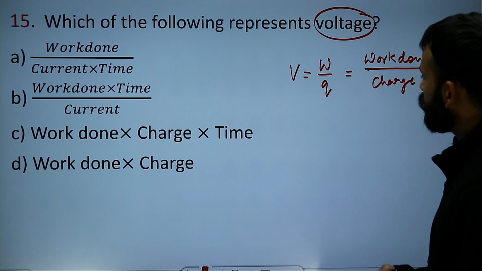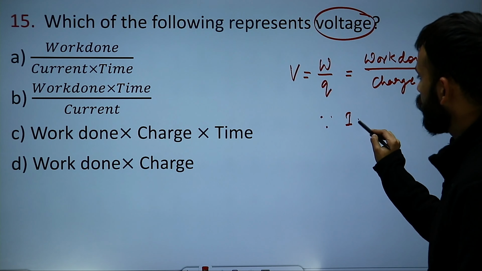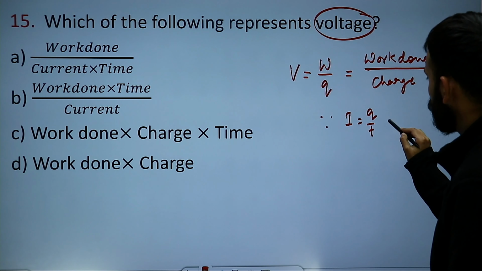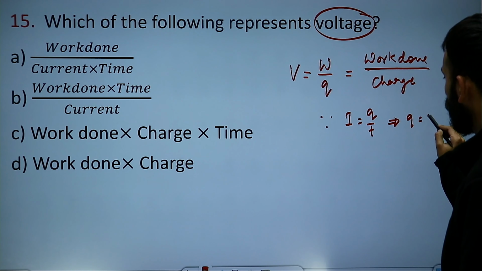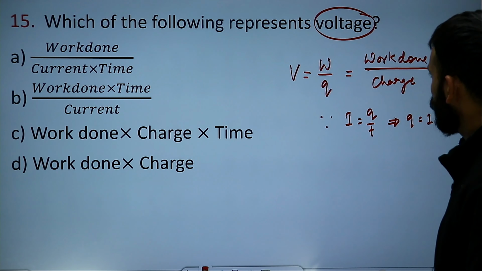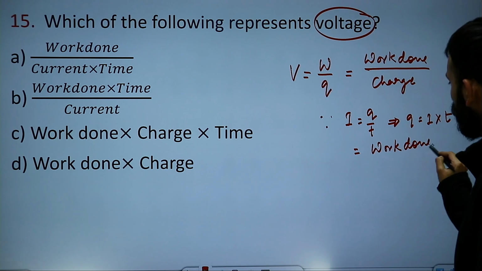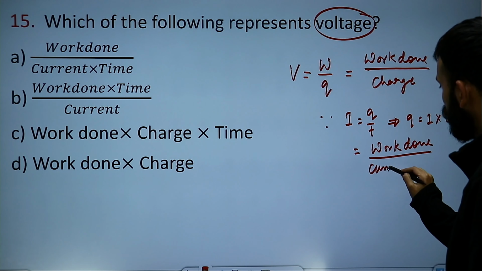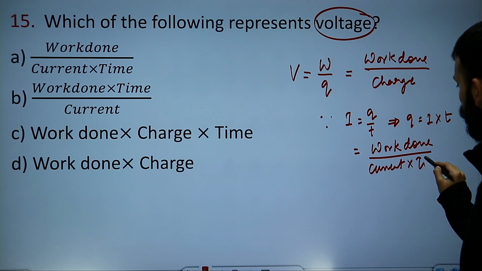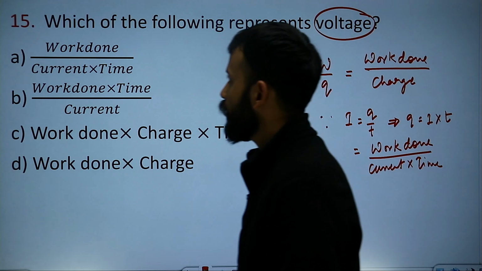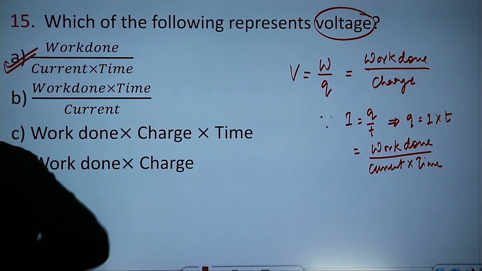Charge can be written as, since current is Q by T, Q can be written as current into time. So that becomes work done, and charge is current into time. So our first option will be the correct answer, which represents the voltage.